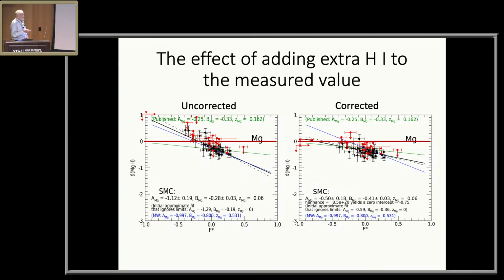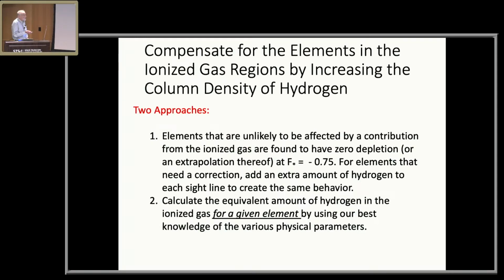It shows the effect of adding extra H1. The uncorrected results for magnesium in the SMC can be corrected to give something that's more reasonable. The effect is not large for the higher depletions, but for the lower depletions it is very important.